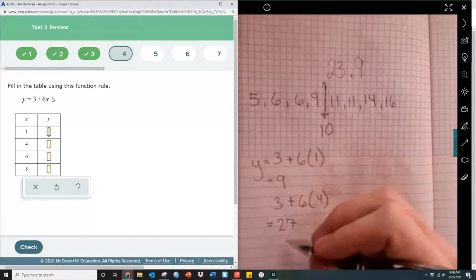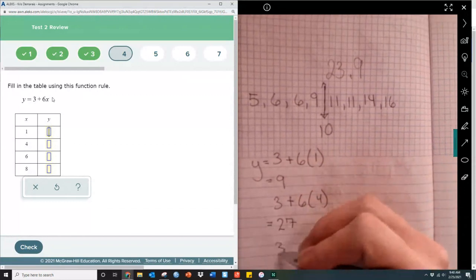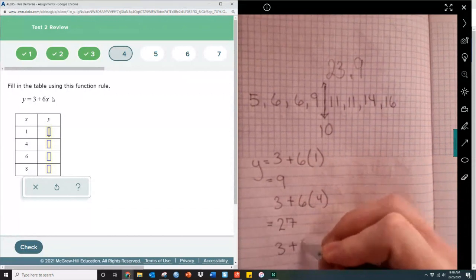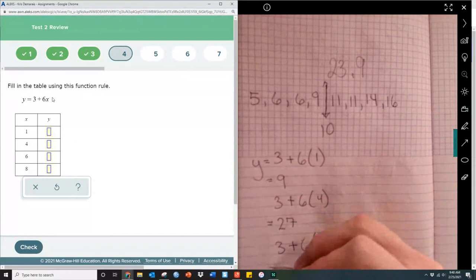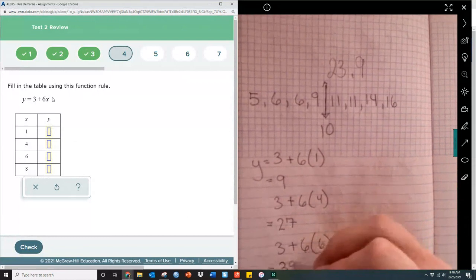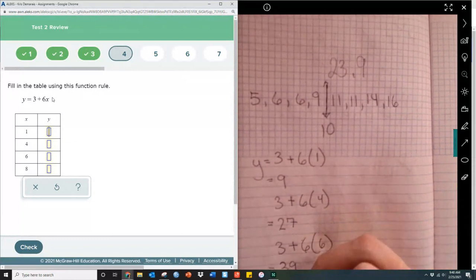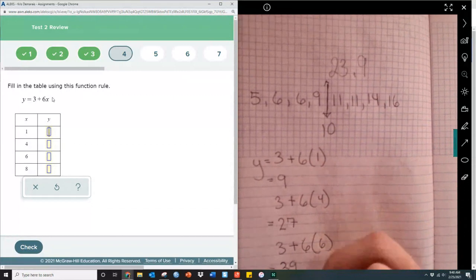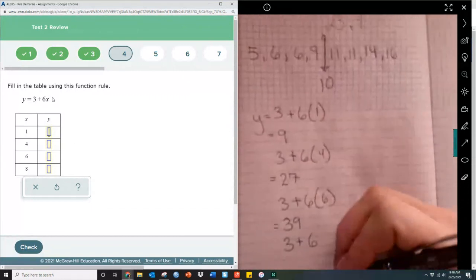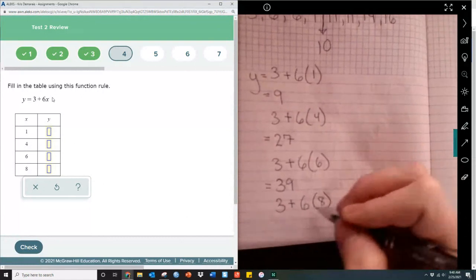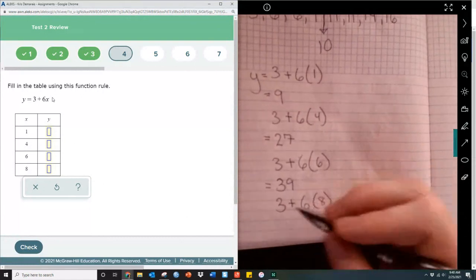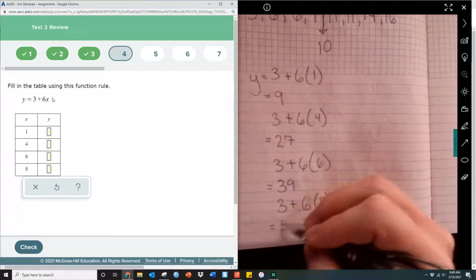And then you're going to go ahead and do it with the 6. 6 times 6 is 36. 36 plus 3 is 39. And lastly, it's 3, and then it's 6 times 8. So you're looking at 48 plus 3 is 51.